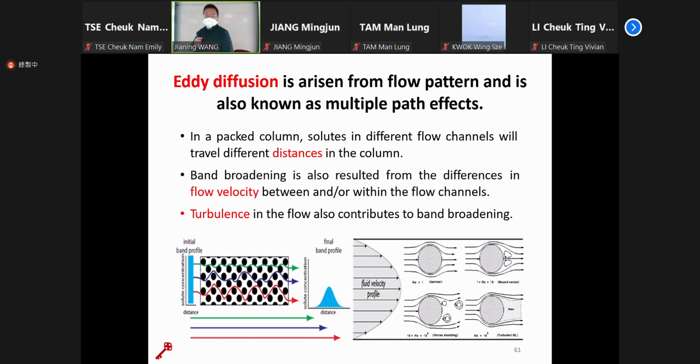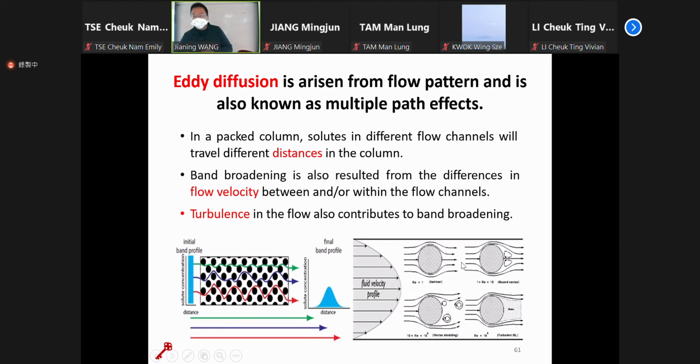Okay, when you consider it in more detail, you will find that besides the path length, the particle shape will also affect the path length because there is always some turbulence here.